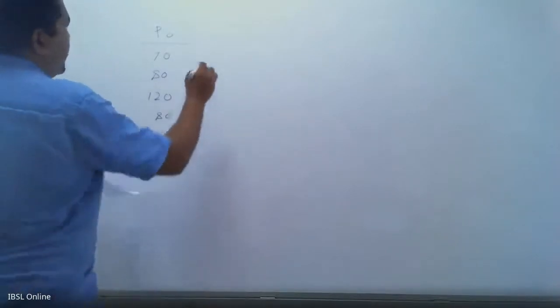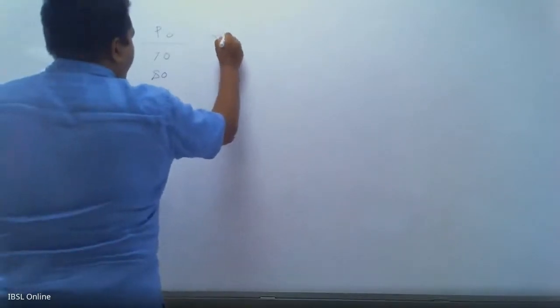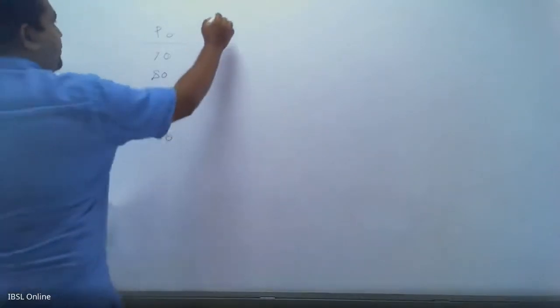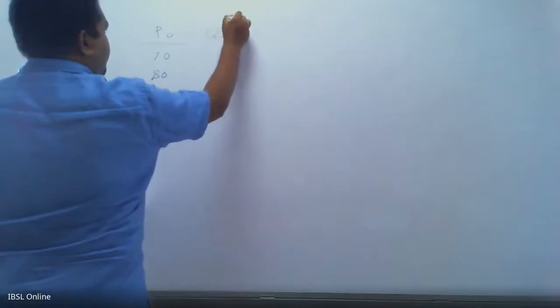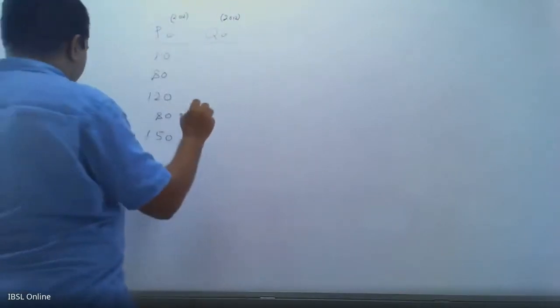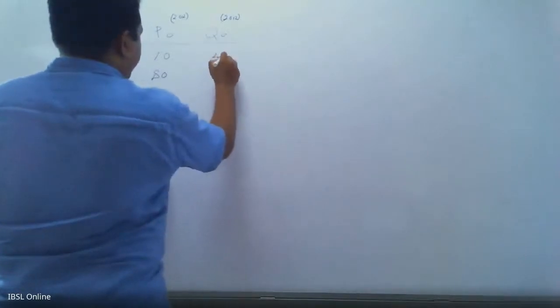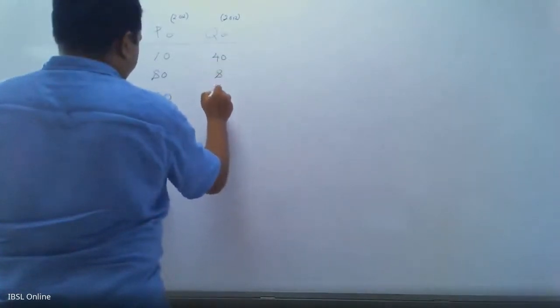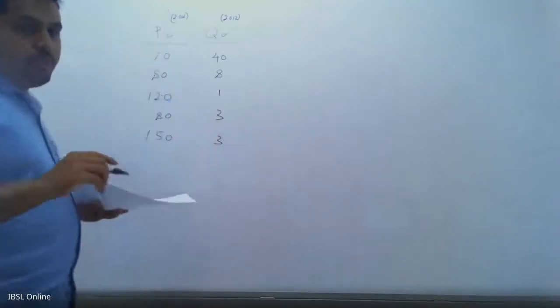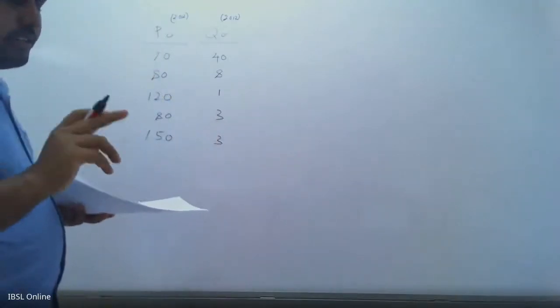Then I have the quantities defined for the 0 point, that is year 2012. What are those quantities? I have 40 here, 8, 1, 3, and 3.